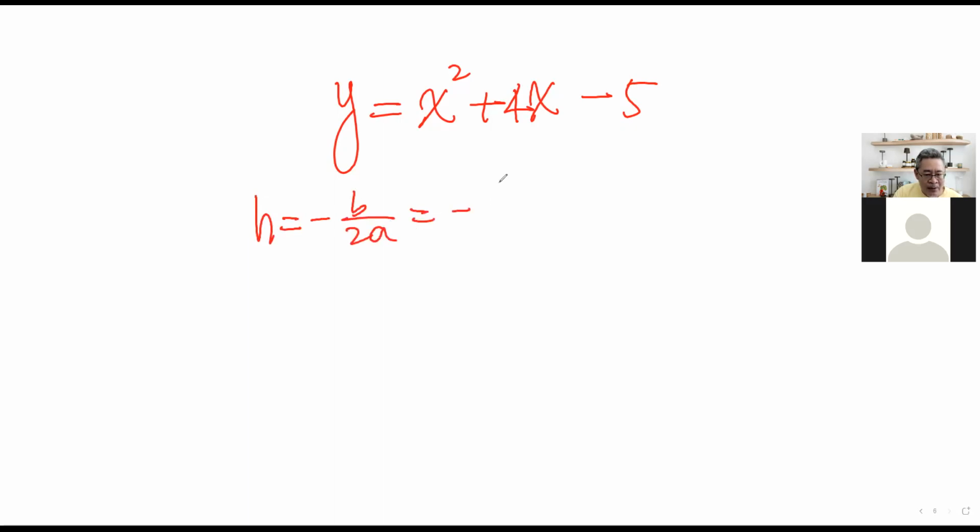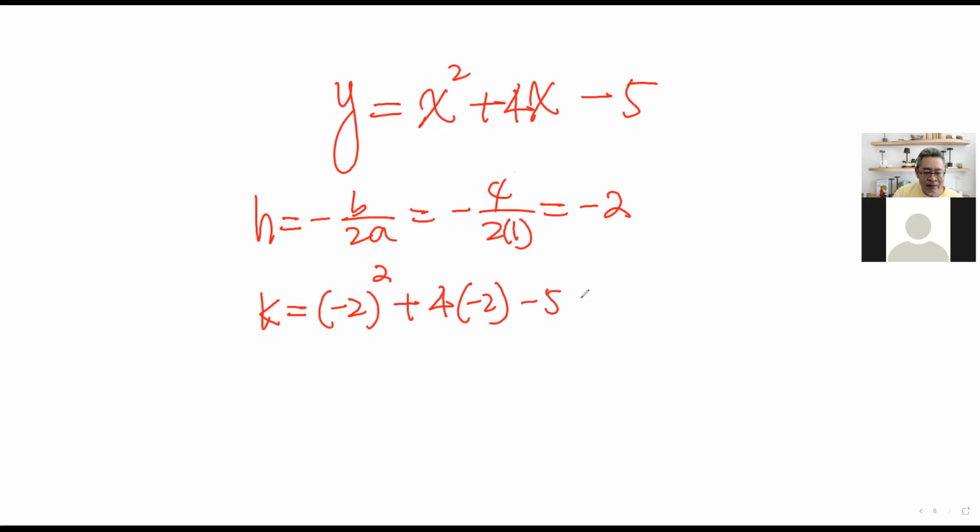That will be minus 4 over 2 times 1, which gives us minus 2. And for k, I can just plug in the number: (-2) squared plus 4 times -2 minus 5. That gives us 4 minus 8 minus 5, which is negative 4, negative 5, equal to negative 9.